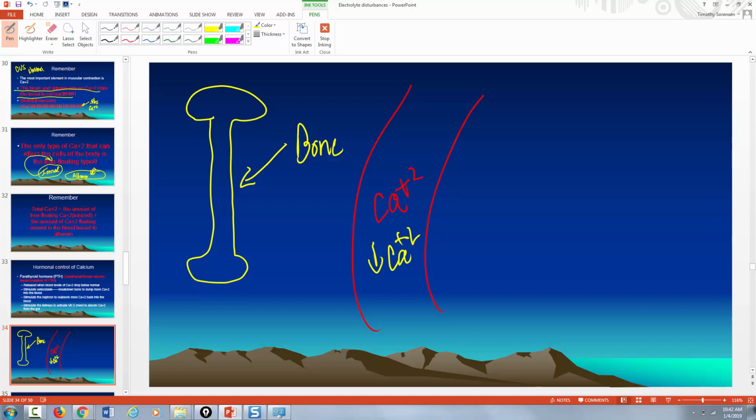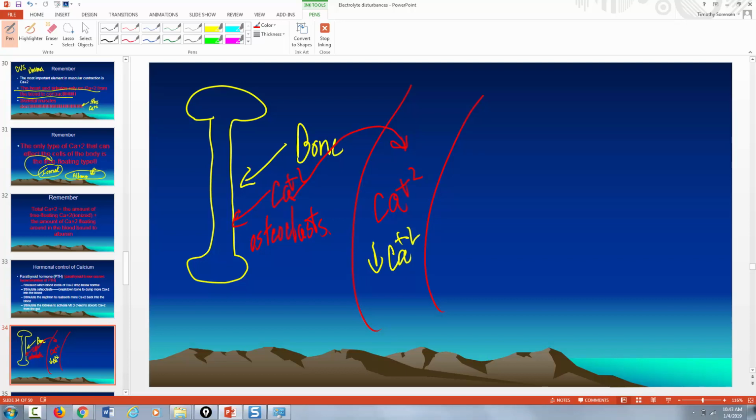Would it make sense that the bone, where you store all your calcium, would break down that calcium by these little cells called osteoclasts? Osteoclasts break down bone to calcium and phosphate and then dump the calcium in the blood. Well, that takes time, right?